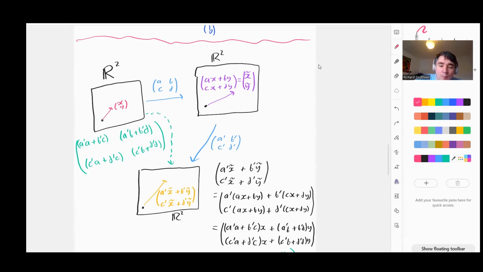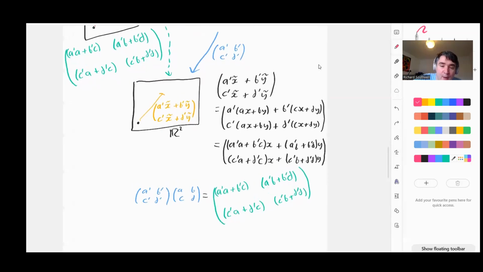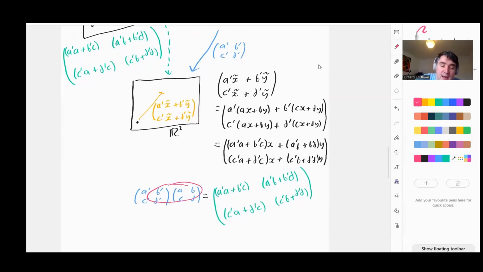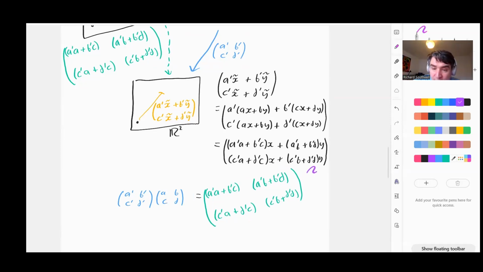Now, when we write this kind of stuff, we write it in this funny kind of order. So you should think that we're applying this matrix first, and then we're applying this matrix. And this is the resultant matrix. So this is similar to, in category theory, the way that we write composition. And if you want to make more sense of the ordering here, think about it like this.